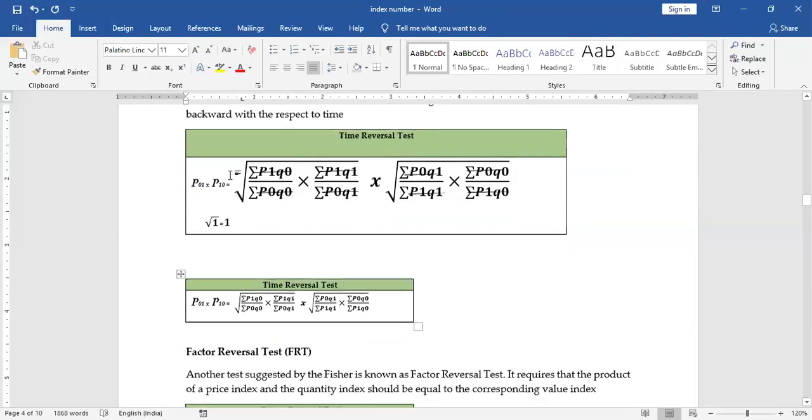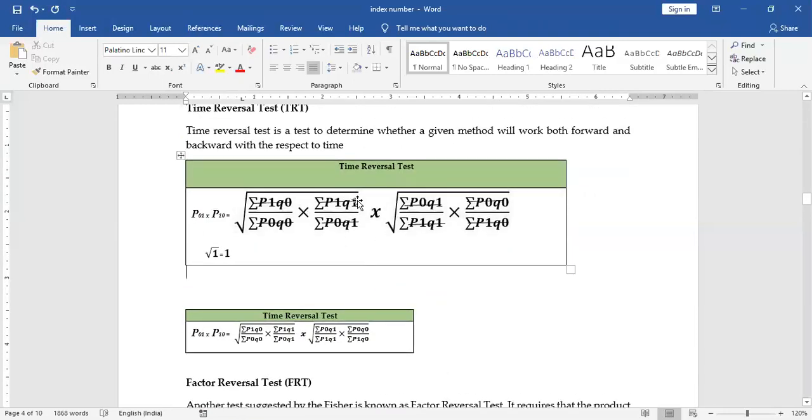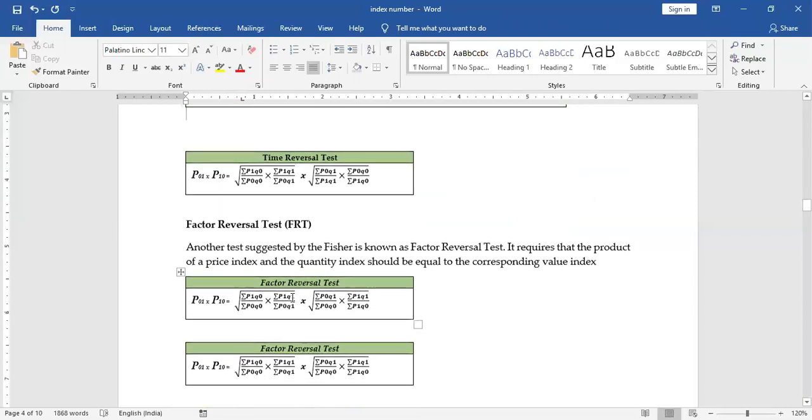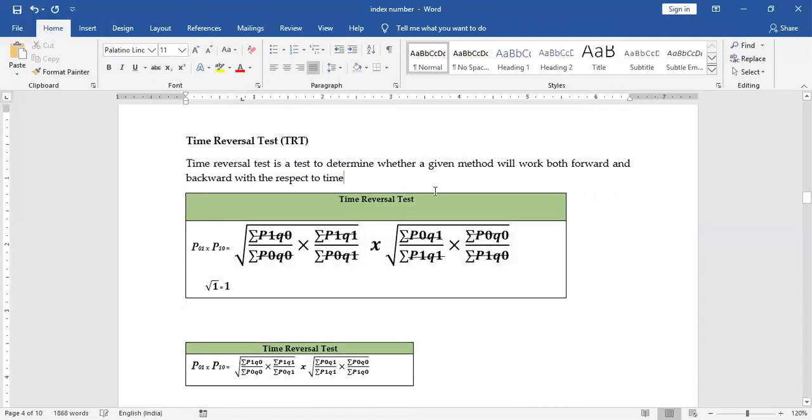After the time reversal test, we'll take up the factor reversal test. In the time reversal test, we changed the time, that is 1 and 0. In the factor reversal test, we'll be changing the factors P and Q. Okay, so I can put it here.